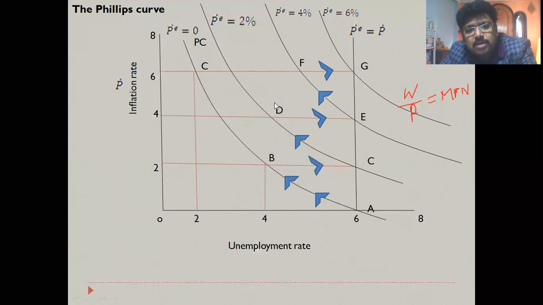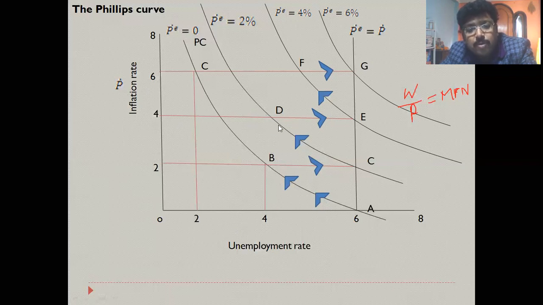In the short run, the labor suppliers expect that the inflation rate is 2% in the economy, but actually the inflation rate is 4%. As long as they do not have this information, there is a trade-off between the unemployment rate and inflation. There is an increase in output level. There is an increase in employment level.